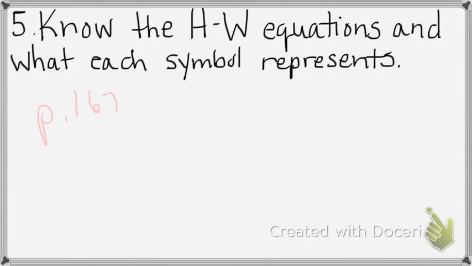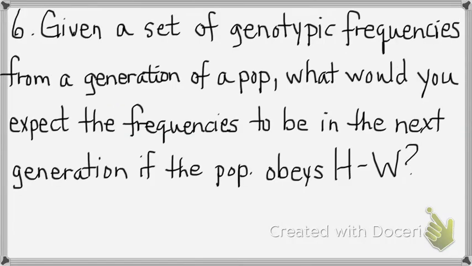It says where q is the recessive allele frequency, q squared is homozygous recessive, p is the dominant allele frequency, p squared is homozygous dominant, and 2pq is heterozygous. Everybody okay on that? Okay, I promised that to you the other day, and I will deliver.